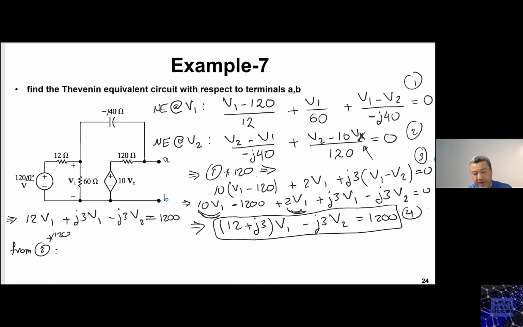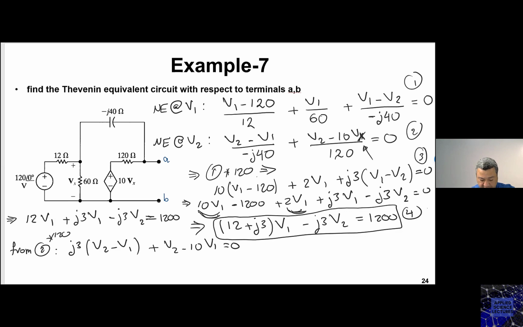Again, the minus J, when it goes up, becomes J. So multiply by 120 divided by 40, so J3 (V2 minus V1) plus V2 minus 10 Vx, which is V1, 120 would cancel. So this is now my second equation.